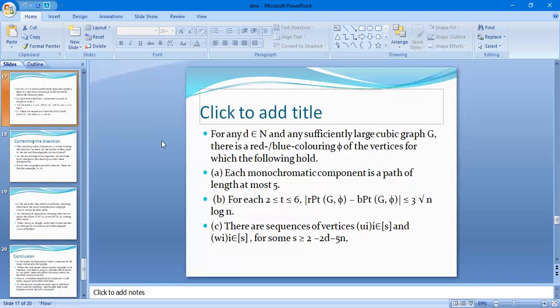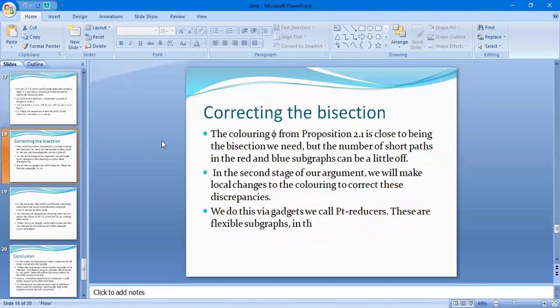For each t with 6 less than or equal to t less than or equal to root log n, there is a sequence of vertices. Correcting the bisection. The coloring from the proposition is close to being the bisection we need, but the number of short paths, red and blue, may differ.